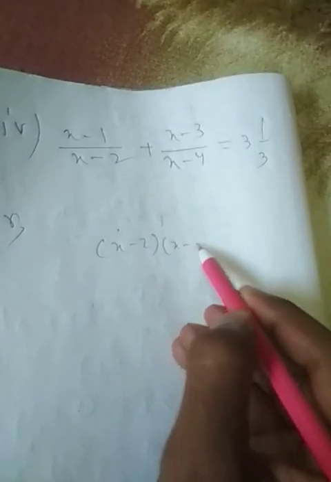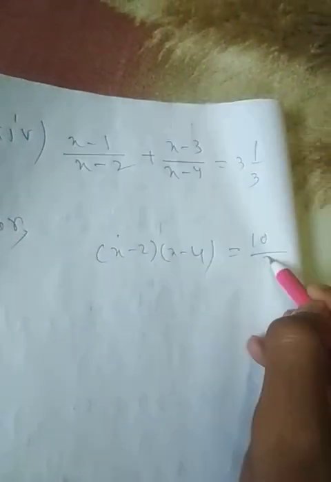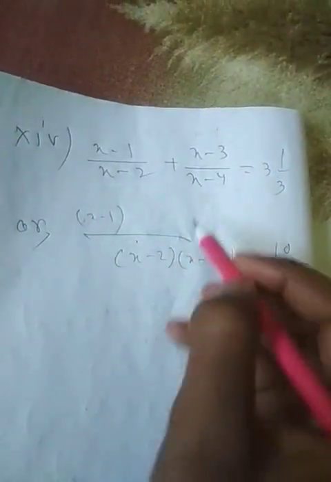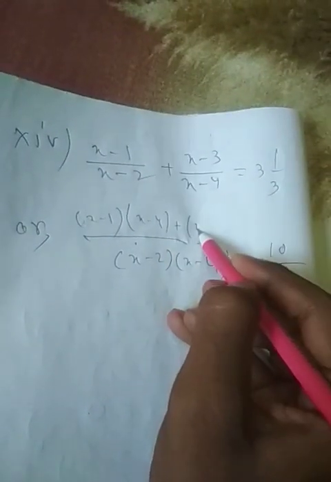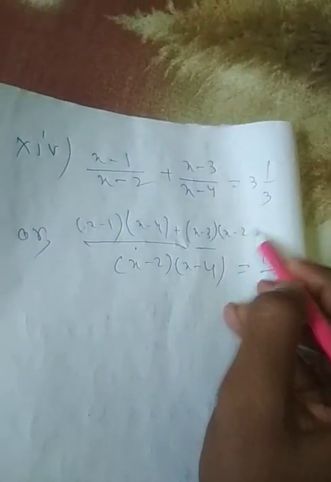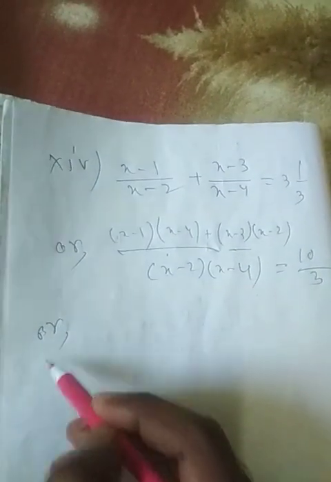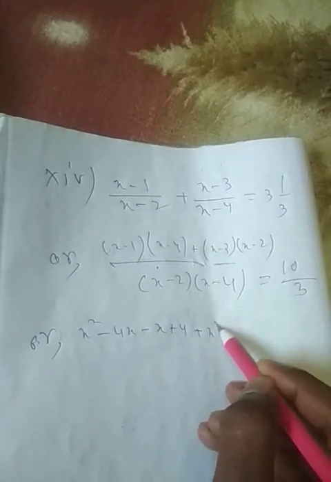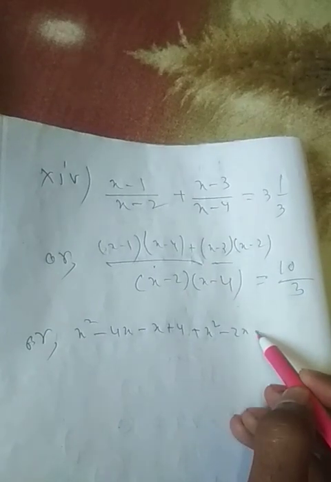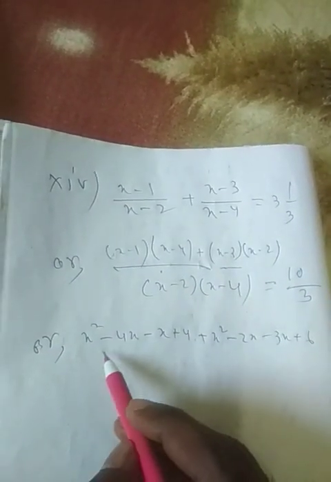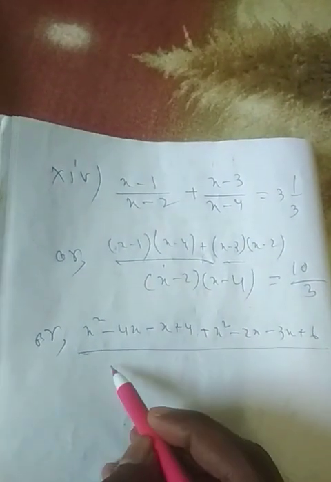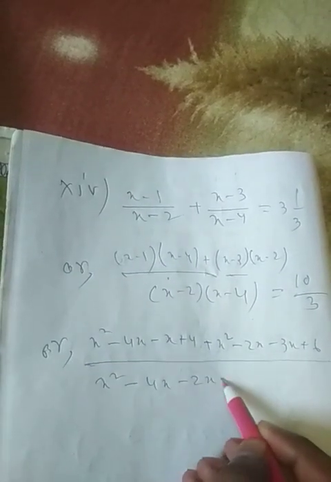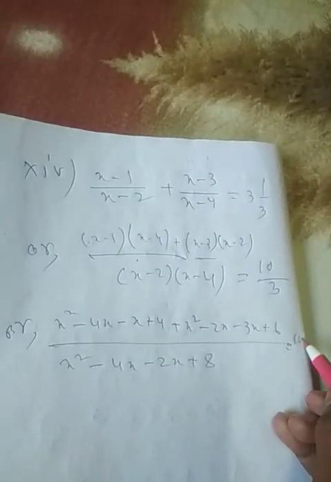So here the LCM is x minus 2, x minus 4, and the right side is 10 by 3. x minus 1 into x minus 4, x minus 3 into x minus 2, by 3.